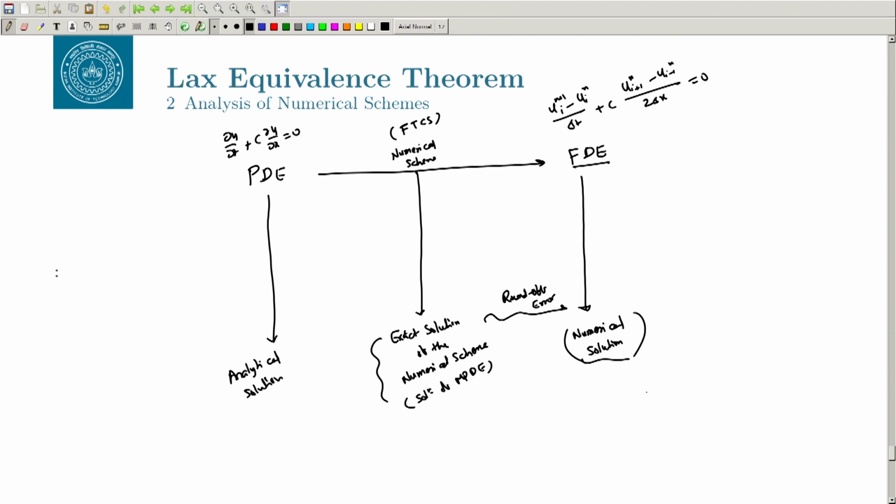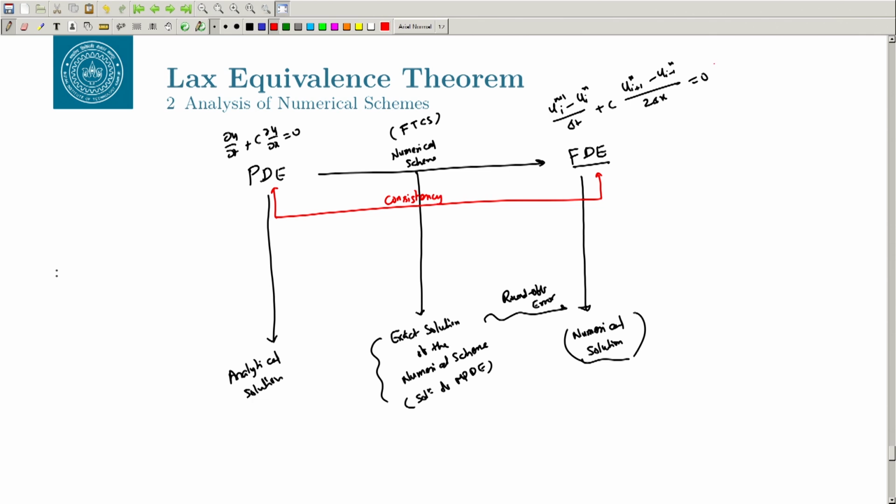So, all these things if you consider, then the solution that you are getting is your numerical solution. Now, the consistency, as we have discussed, is basically between your PDE and FDE. These two together give you the consistency.